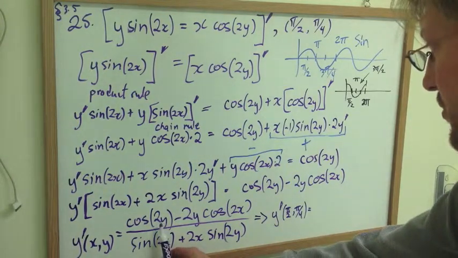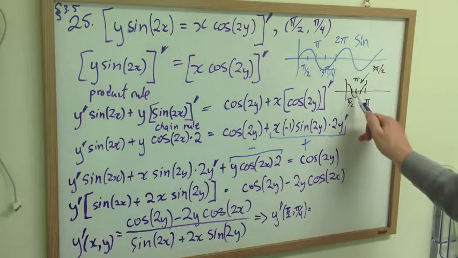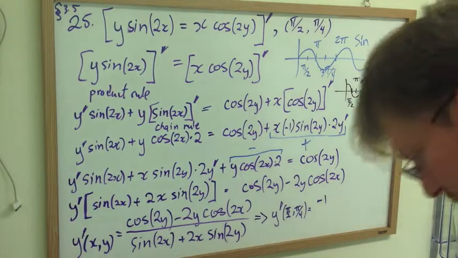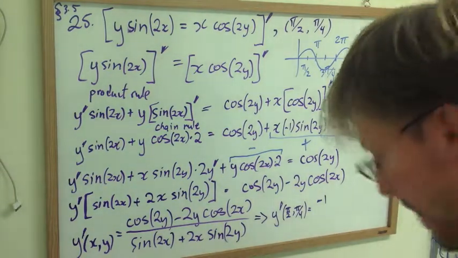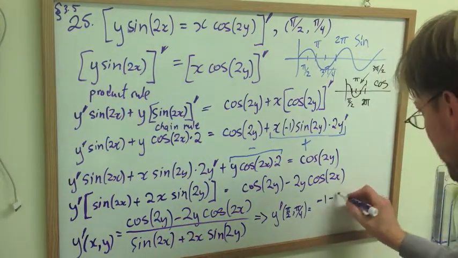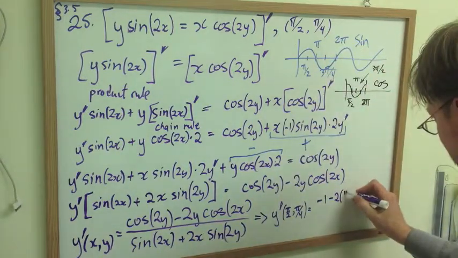So cos of 2y is actually cos of pi. Cos at pi is -1. This is cos. Minus 2y minus 2, now y is pi over 4.